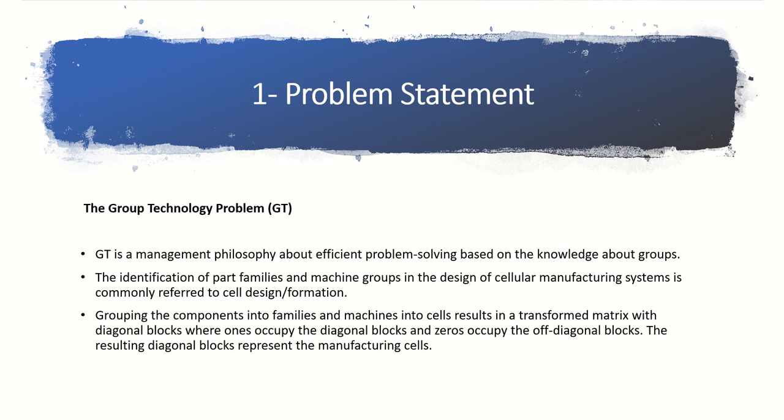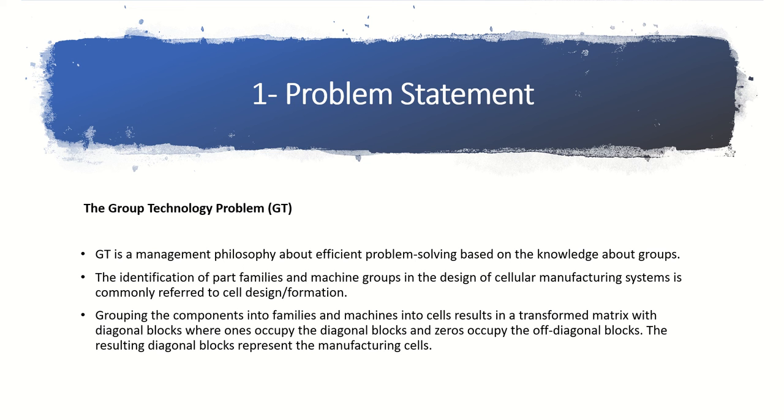The group technology problem is a management philosophy about efficient problem solving based on the knowledge about groups. The identification of part families and machine groups in the design of cellular manufacturing systems is commonly referred to as cell design or cell formation.